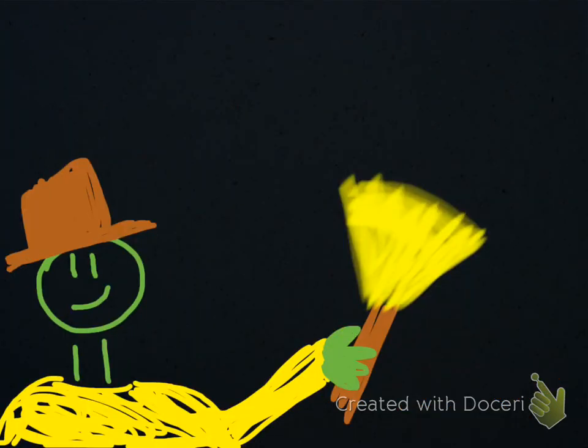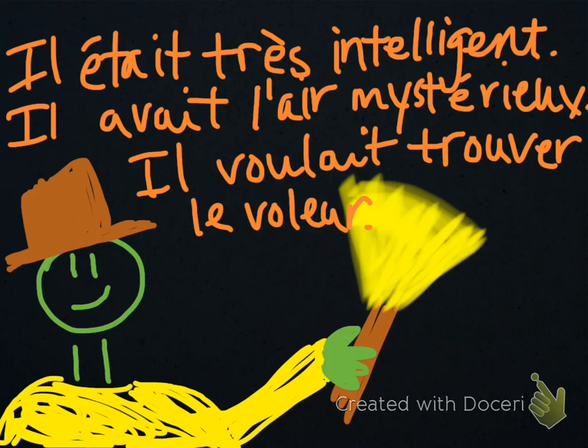Another way that we use the imparfait is to describe the mental or emotional state of people in the past. So let's look at how we would describe this character. So we have il était très intelligent, il avait l'air mystérieux, et il voulait trouver le voleur.